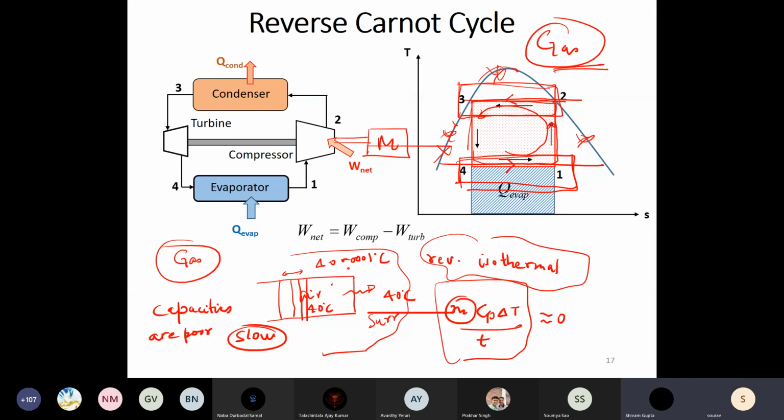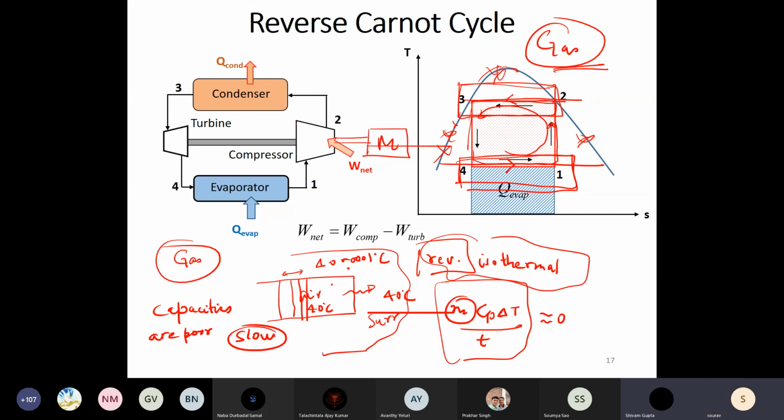And then the isothermal process itself is very, very slow. So you will have a very efficient system which is producing almost negligible heating or cooling capacities. Okay, so this is as far as the gaseous cycle goes.